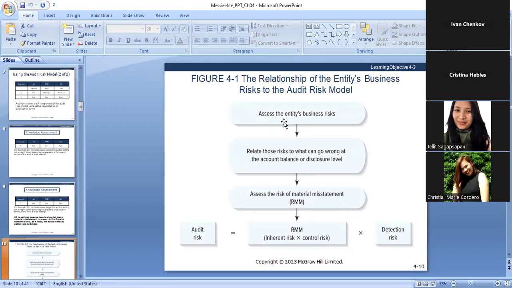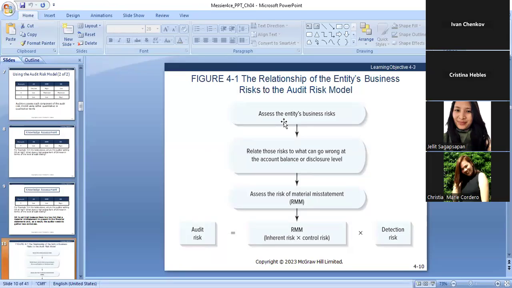So the assessment of the entity business level risk is related to the inherent risk. Relating those risks to what's going on in account balances and disclosures will be on the control risk, how those are related. Once we're assessing the risk of material misstatement, we're indirectly assessing those two risks.